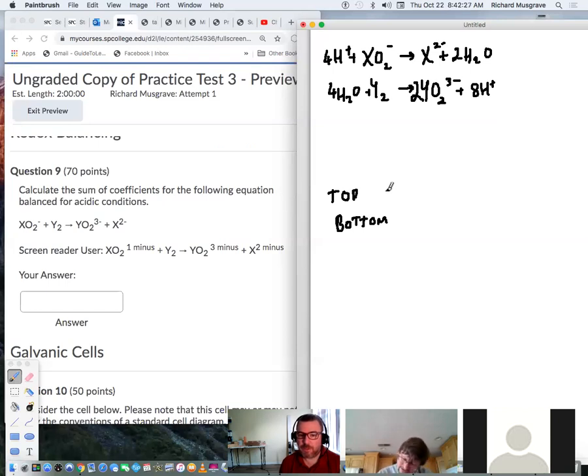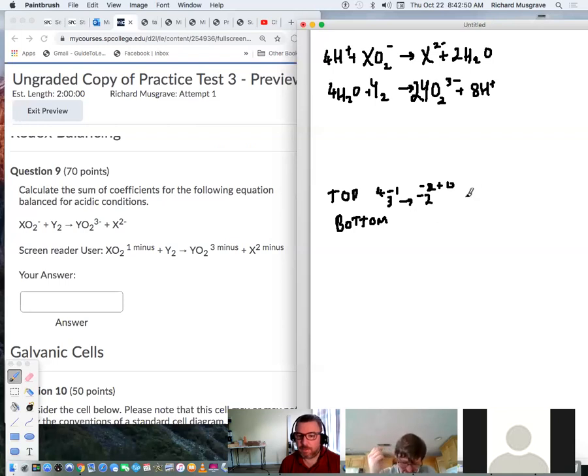On the top reaction, the total charge is going to be 4 minus 1, which is going to be 3, going to negative 2, well, negative 2 plus 0 essentially. So it's 3 going to negative 2.